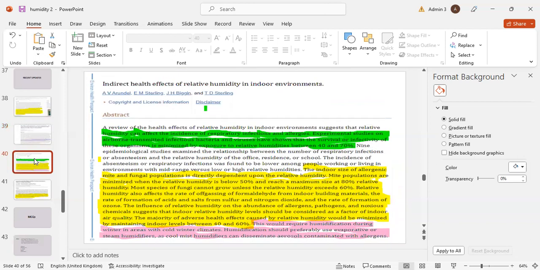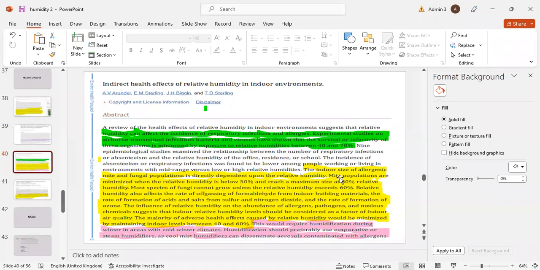And abstract from other articles: indirect health effects of relative humidity in indoor environments. Humidity can affect the incidence of respiratory infection and allergy. Experimental studies on airborne transmitted infection, bacteria and viruses have shown that survival or infectivity of these organisms is minimized by exposure to relative humidity between 40 to 70%.